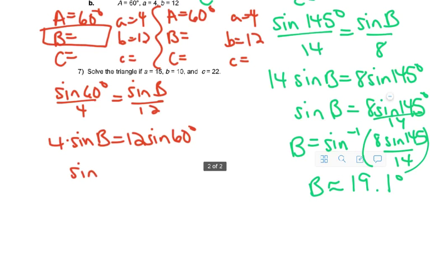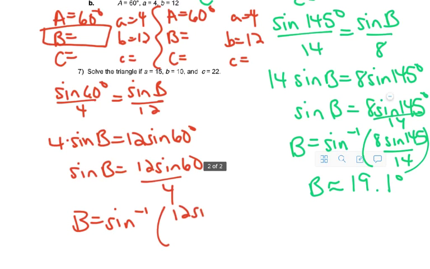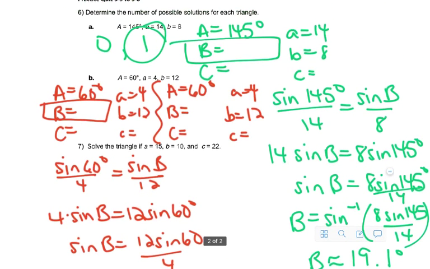I'm going to divide by 4. And I'm going to do the inverse sine of 12 sine of 60 over 4. And you get an error message, which means that B here has no solution.